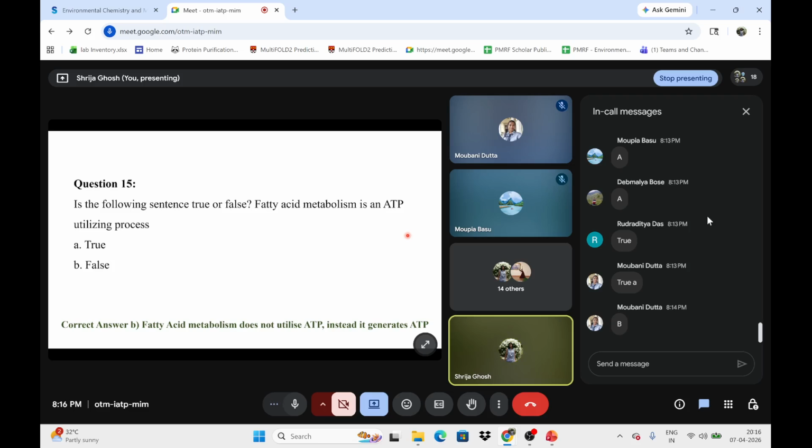But even if metabolism is written, metabolism can also mean catabolism. In that case, it should have been both ATP generating and ATP utilizing: the synthesis part will utilize energy, and the oxidation or catabolizing part will generate ATP. I hope that's clear.